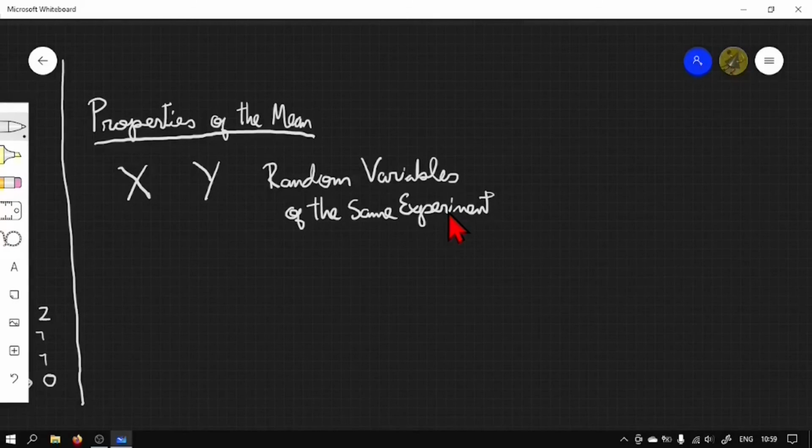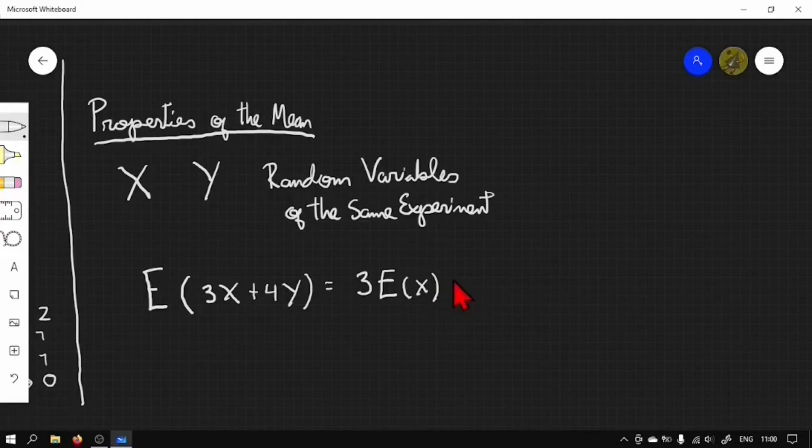So in the end, we can sum any two random variables, but we take them of the same experiment just to have inner peace in our minds. So the expected value of, let's say, a number times x plus another number times y, that will be equal to 3 times the mean of x plus 4 times the mean of y. This is what linear means.